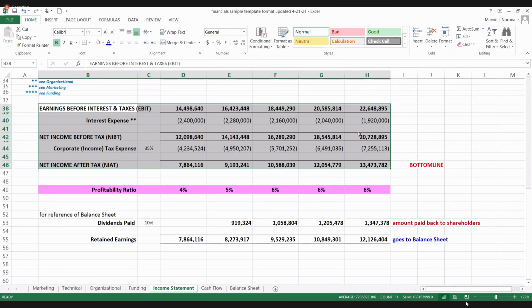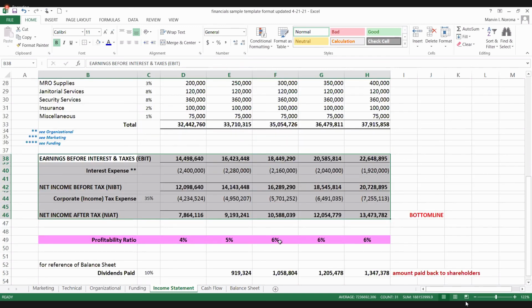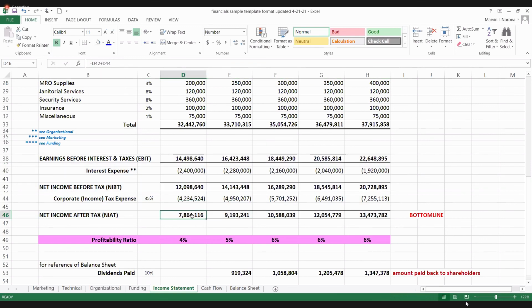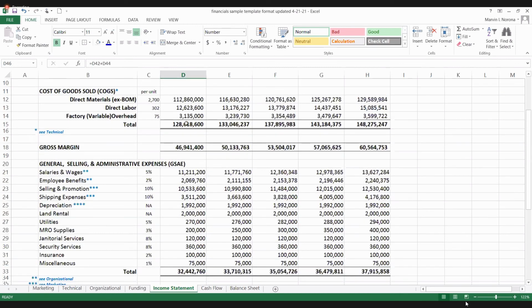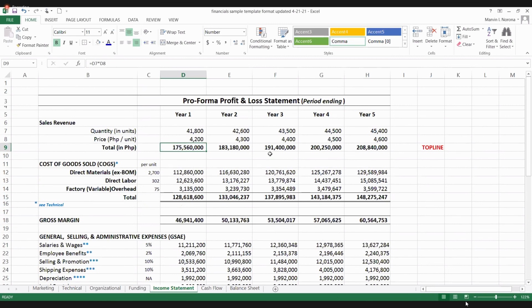So, outrightly, you can compute your profitability ratio. How? Net income here divided by ito. Right? Divided by total sales revenue.